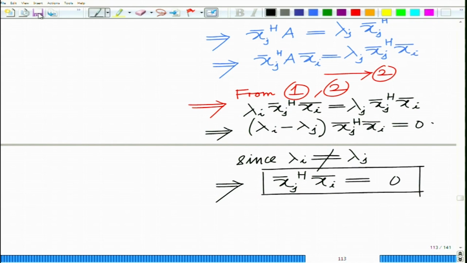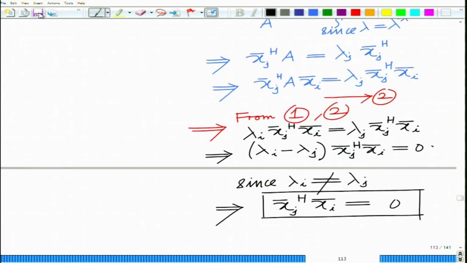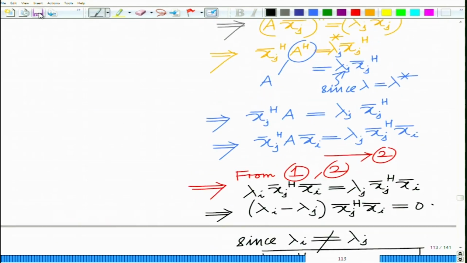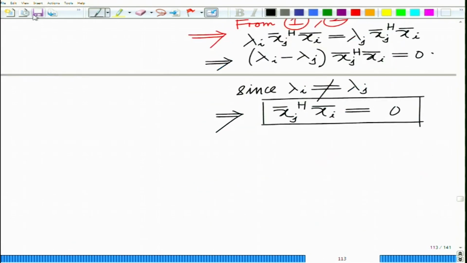So, this finally verifies the fact that eigenvectors corresponding to distinct eigenvalues are orthogonal.